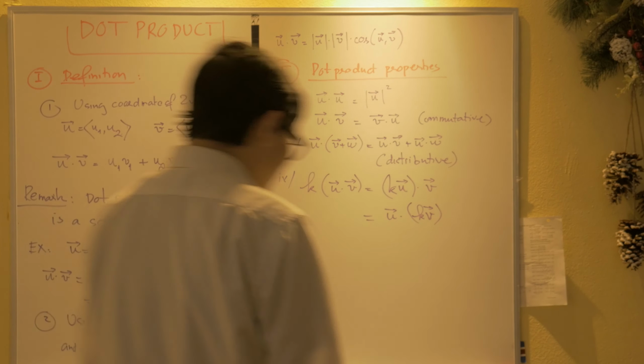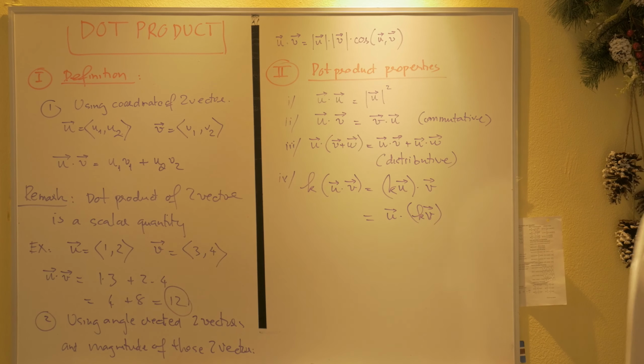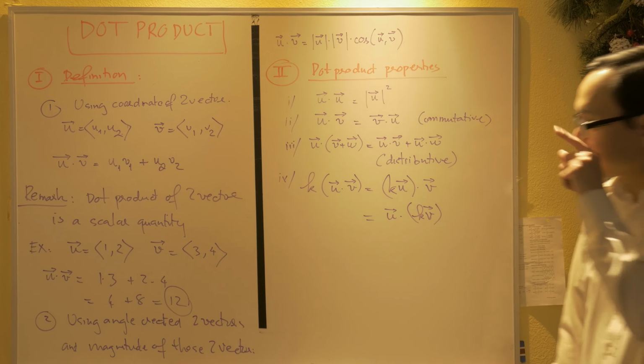Alright. Next, I want to ask you this. In this second way of defining the dot product between vector u and vector v, you see there's an angle, right? And you have the cosine here.